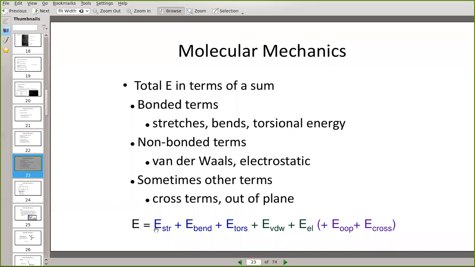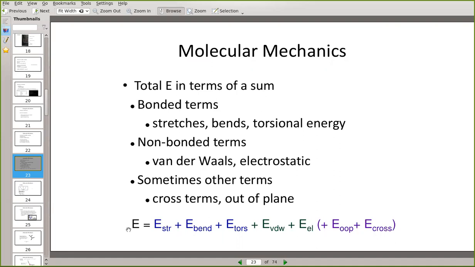If you have a look at the blue here, stretches, bends, and torsions are everywhere you look. No matter who's doing molecular mechanics, you'll see these three terms. And you'll also see these two terms, no matter where you look, the van der Waals and electrostatic terms. And those all contribute towards the total energy of a molecule.